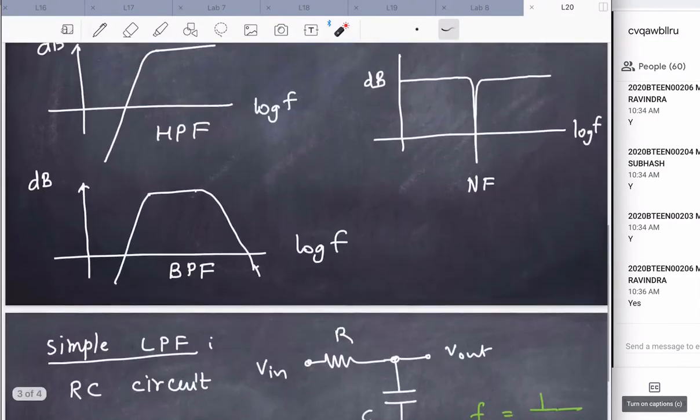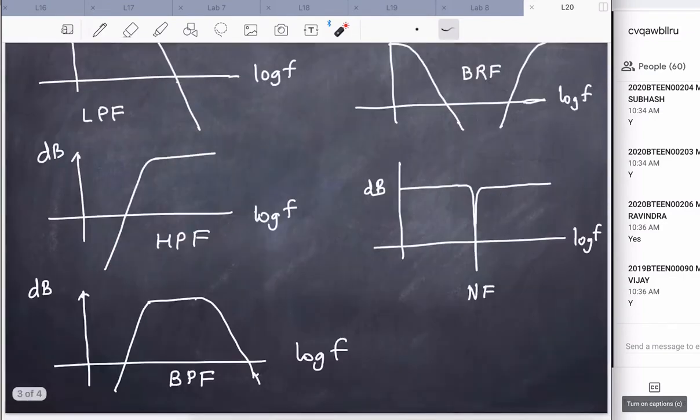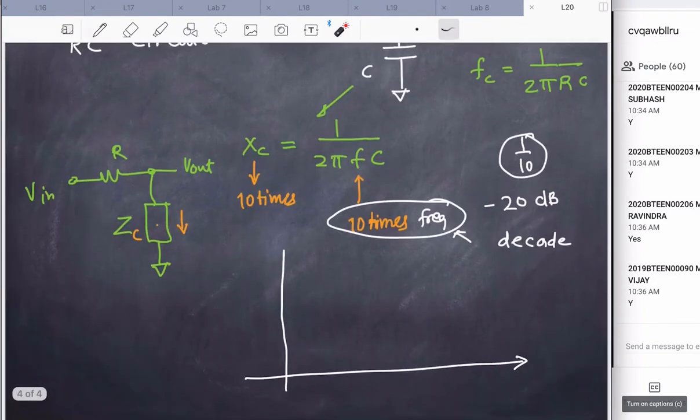Roll off means this. Okay, this will be minus 20 dB per decade, like that. So, this slope will be minus 20 dB per decade. This also will be 20 dB per decade. This is for simple RC circuits.